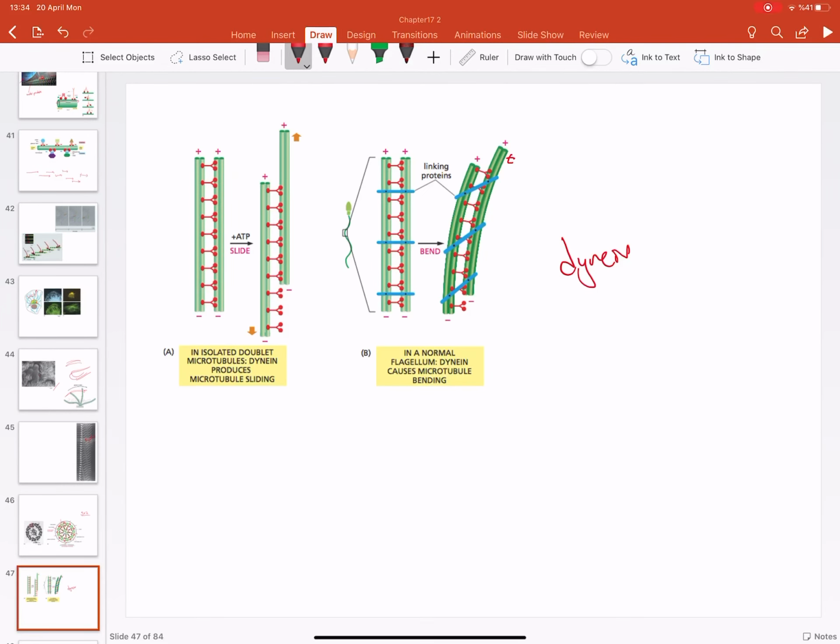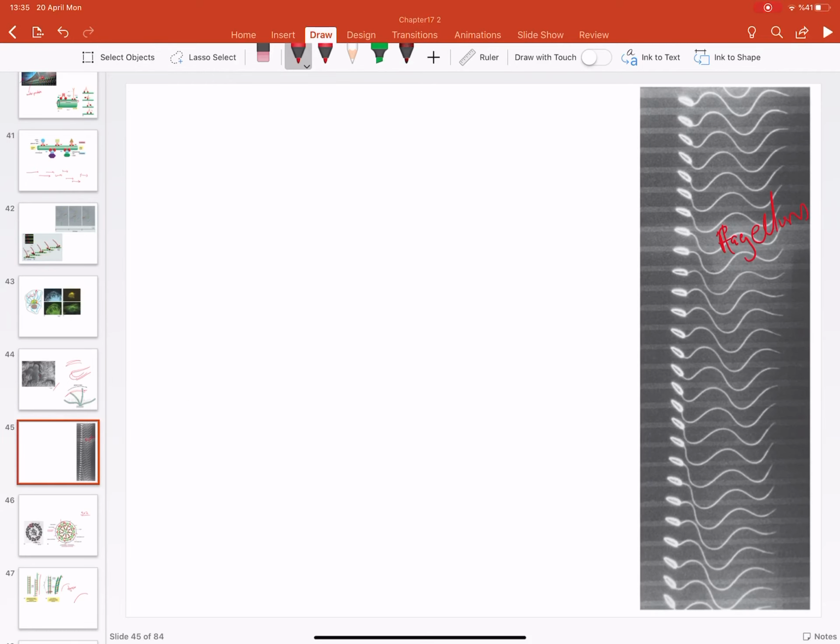It is walking on this, so it will push the shape, and when it is released, it will come back to the original position. It can slide this way, or it can bend this way. It depends on if you have these linking proteins or not. And we know that there are different kinds of movements in this way.